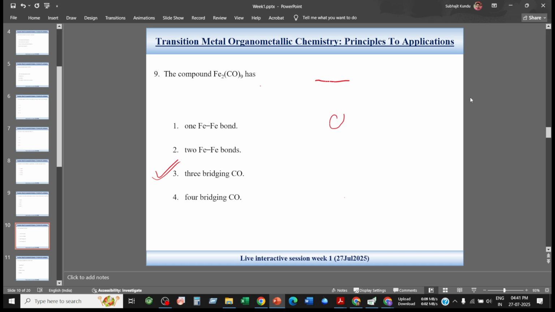They also ask Fe3CO12. It is a higher analogue of iron. So in this structure, there is one iron center and another iron center on the other side. This pen is not working.